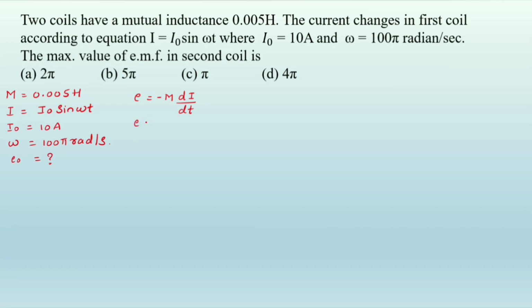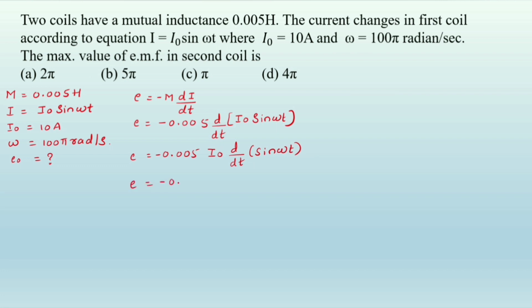E equal to minus M, value is given, 0.005, into d by dt of I, the equation is given here, I naught sin omega t. So E equal to minus 0.005 into d by dt of I naught sin omega t, differentiate it here. I naught is constant, take it outside. So d by dt of sin omega t, differentiate sin omega t.